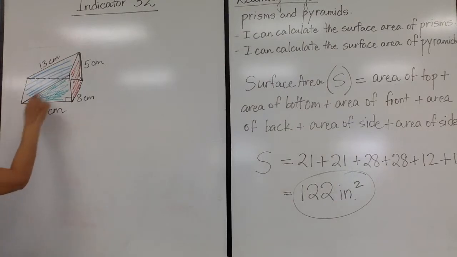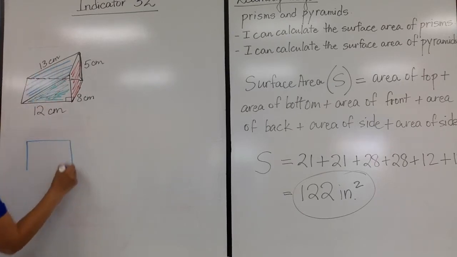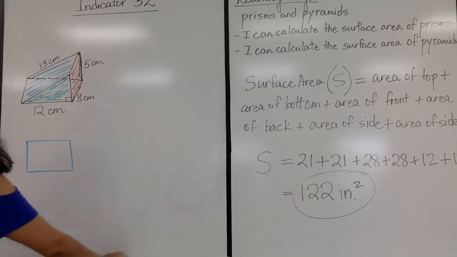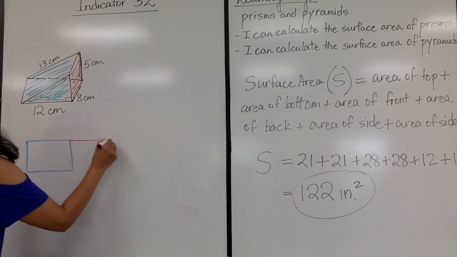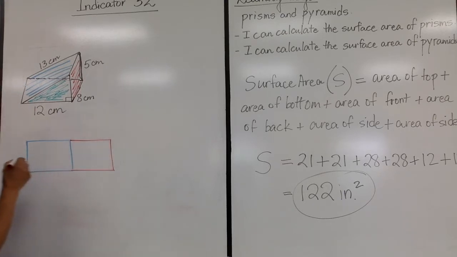But it is a triangular one because look at the front. It's a triangle, okay? So in order to solve this one, we have this side, which looks pretty big. Then we have a bottom also, which looks kind of big. So I'm going to make it like this.